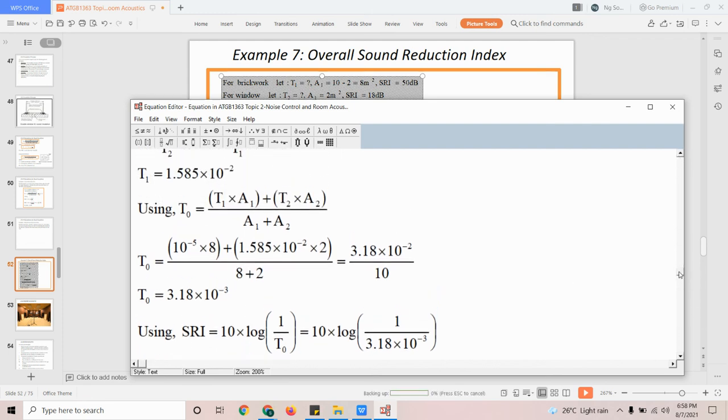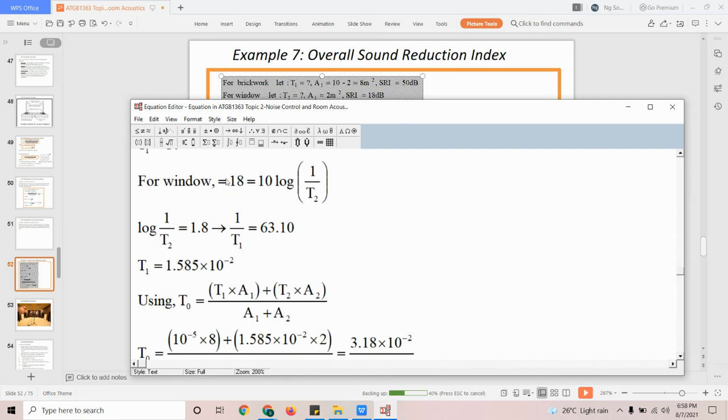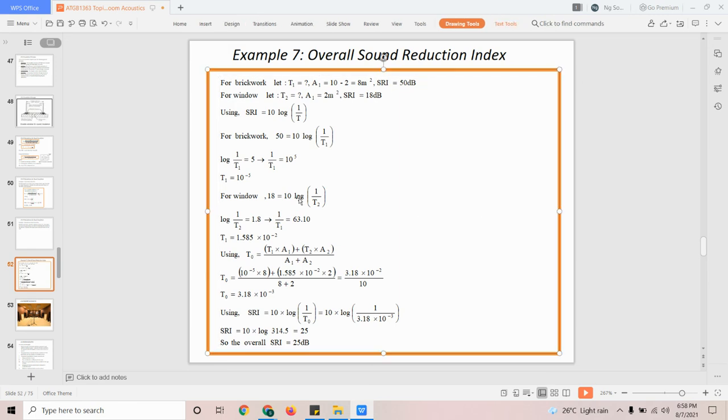So here you have 18 equals 10 log 1 over T2. You want to find out what is T2, the transmission coefficient for the window. So you work it out, and the transmission coefficient for the window is 1.585 times 10 to the power of negative 2.